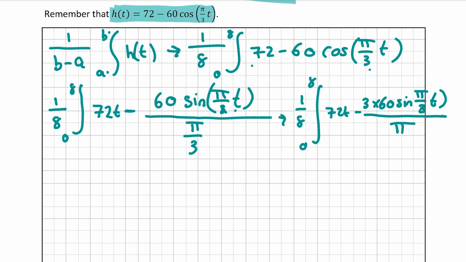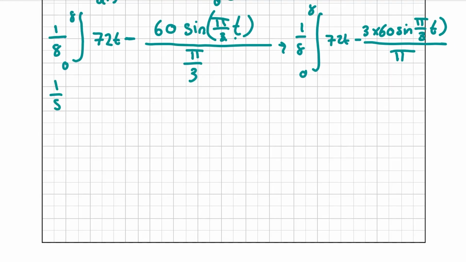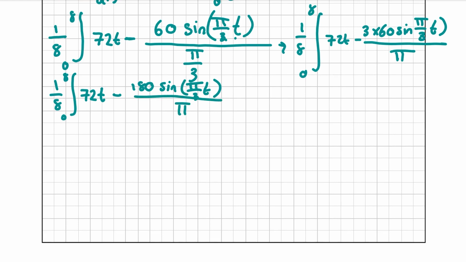So let's multiply this out a small bit before we start filling it in. So we have 1 over 8 again, from 0 to 8, 72t minus 3 by 60 is 180, sine pi over 3t, over pi.